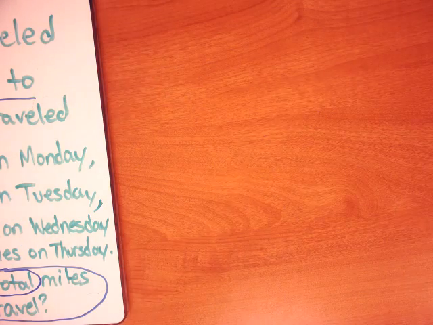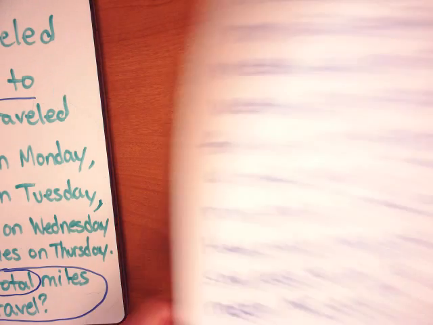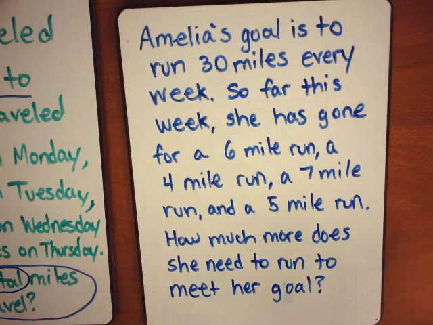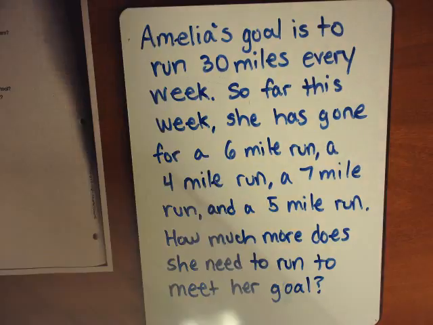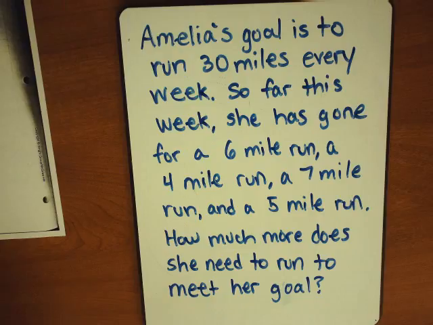All right, so we're going to do a different type of problem next. Okay, so on this one, Amelia's goal is to run 30 miles every week. So far this week, she has gone for a 6-mile run, a 7-mile run, a 4-mile run, a 7-mile run, and a 5-mile run.